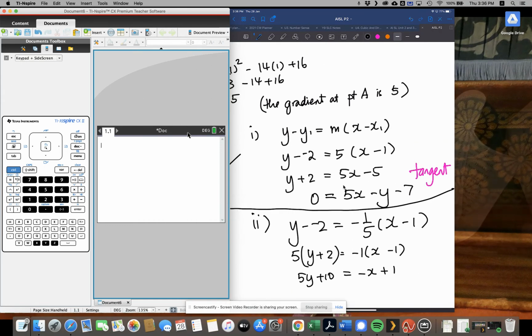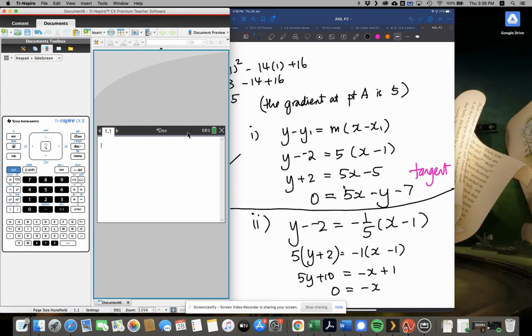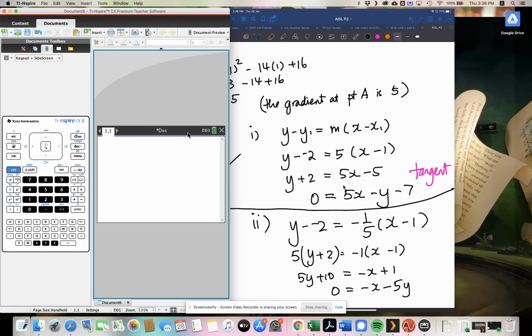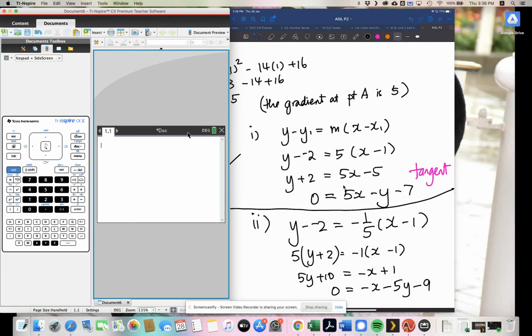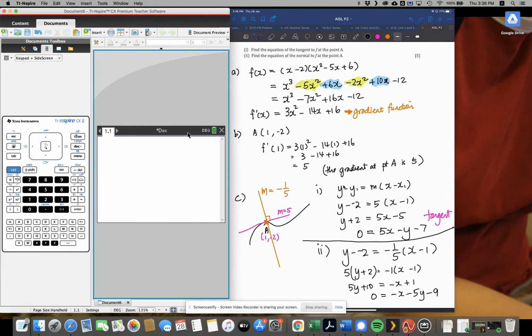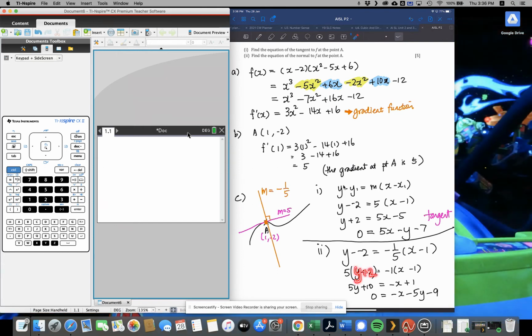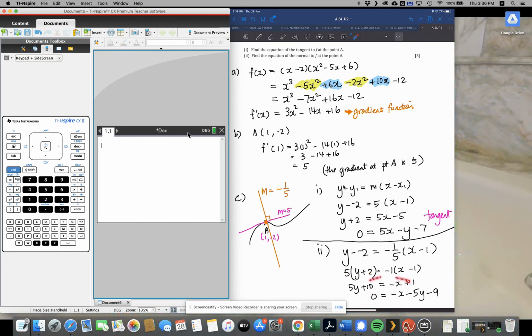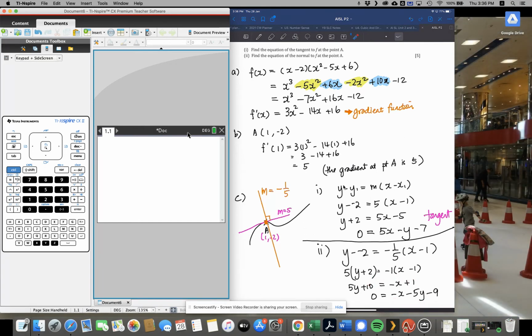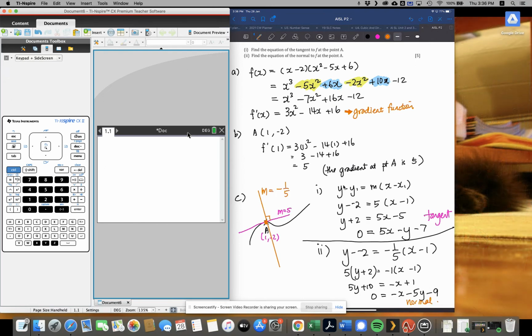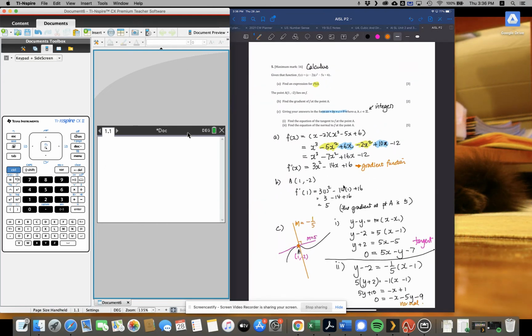Rearrange everything. We will have negative x, take away 5y, take away 9. Okay, let's do some checking. So y plus 2 times this. So 5y plus 10. Take 5y away, take 10 away. Yep, so that would be the equation of the normal. So that's part ABC.